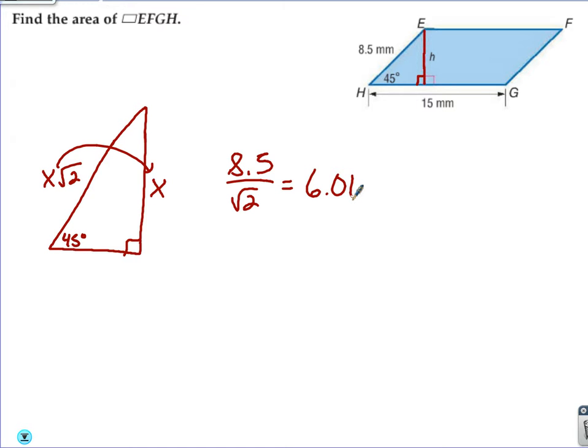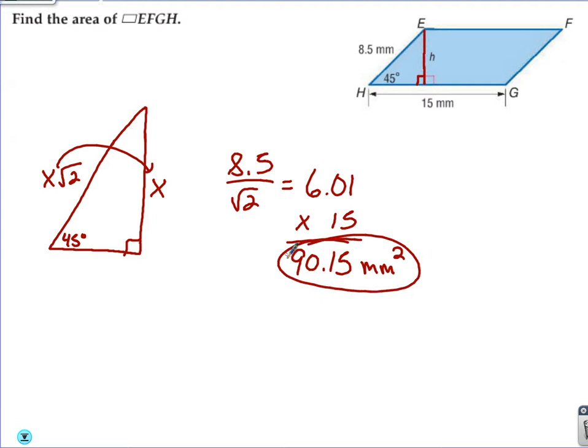I would leave that on there. So my height is 6.01, right? So to find the area is simply base times height. So you just multiply this times 15, and you get, I think, 90.15, right? Millimeters squared. Now the second way of working it.